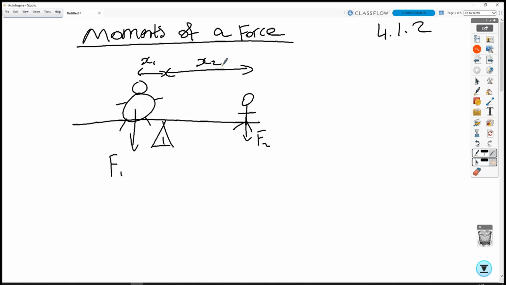This system is in equilibrium, which means that there is no rotation about the pivot.